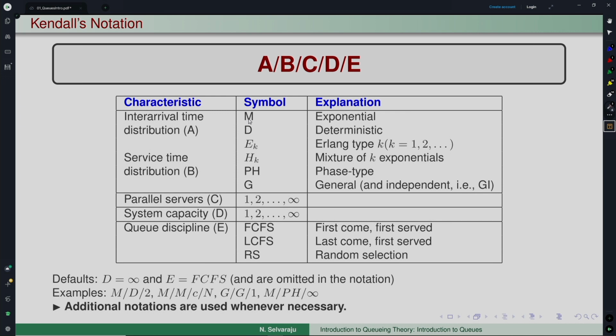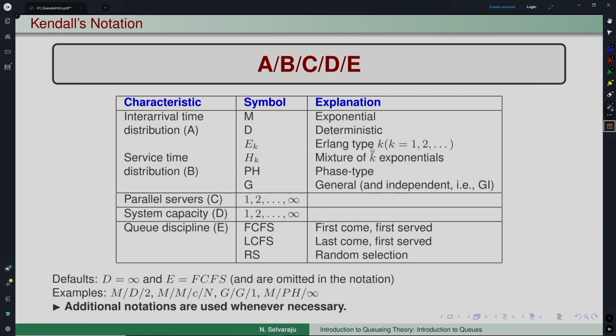Ideally it could have been E, but that would be confused with this E. So, it is M. M means Markovian in nature, because in Markov systems the natural distribution that arises is that the holding time is exponential. So, suppose I have A as M or B as M, that means I have an exponential in mind. D represents deterministic, and EK represents Erlang type K, which is in some sense related to the gamma.